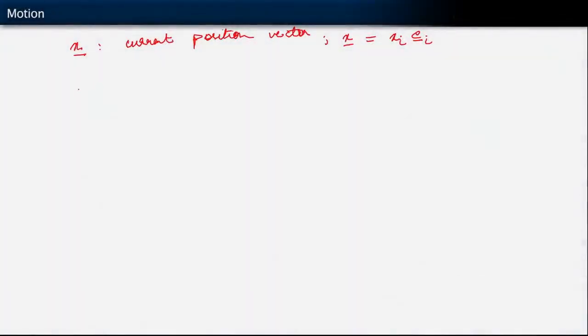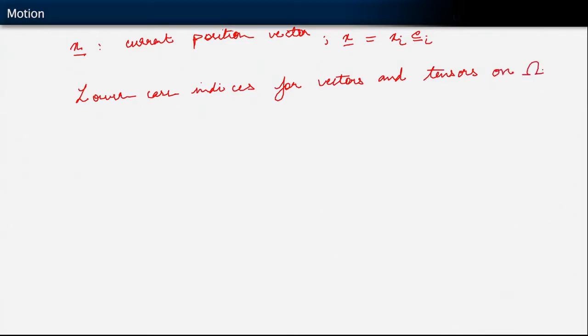So we will have lowercase indices for vectors and tensors on omega.